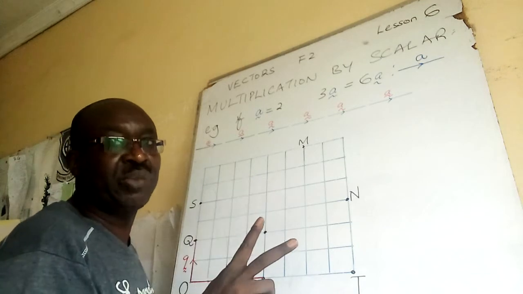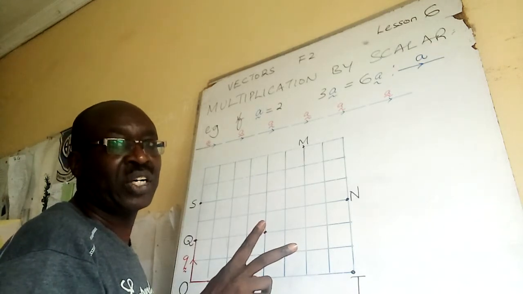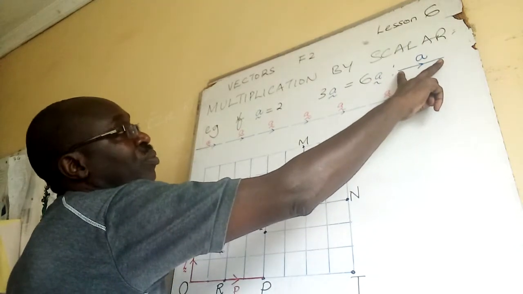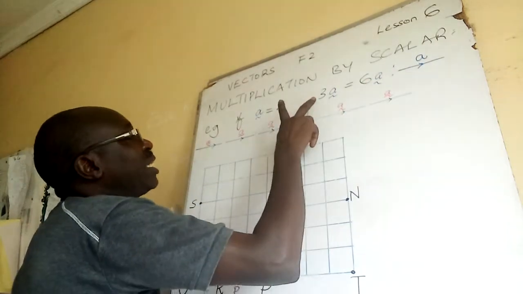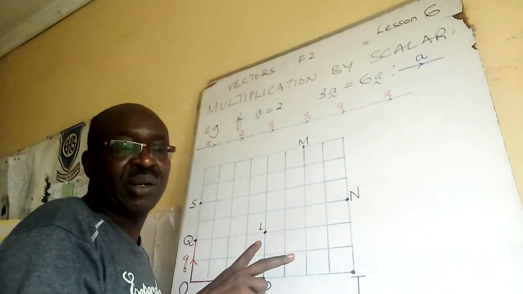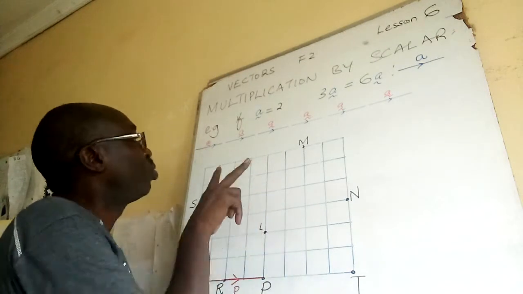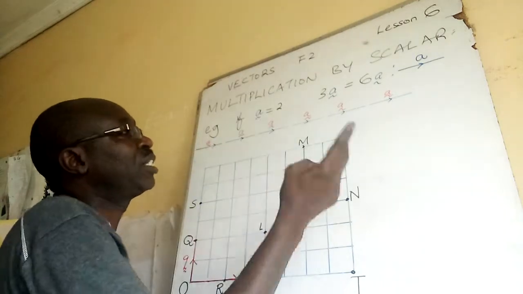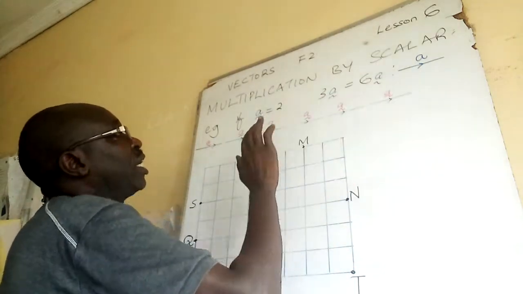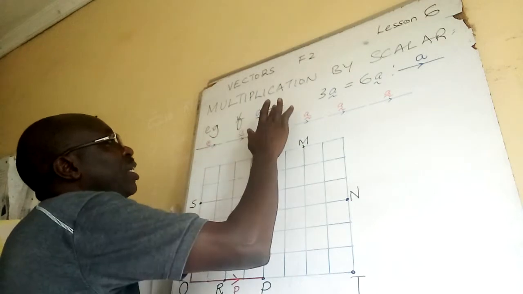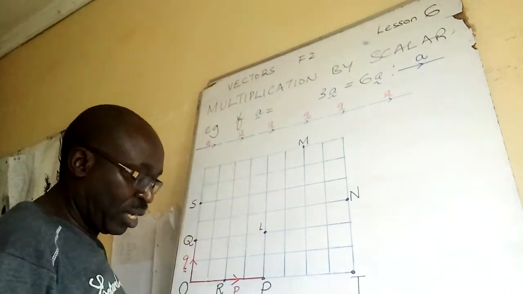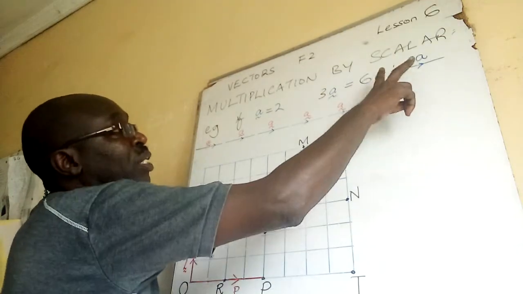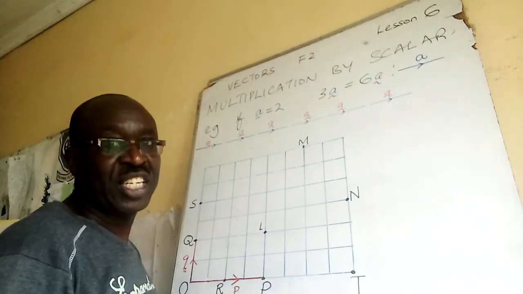If A is 2 centimeters, here, 2. Now I want 3 of A's, but each A is 2. So I'll have 1, 2, 3, 4, 5, 6. What I want you to know is the size is 2.